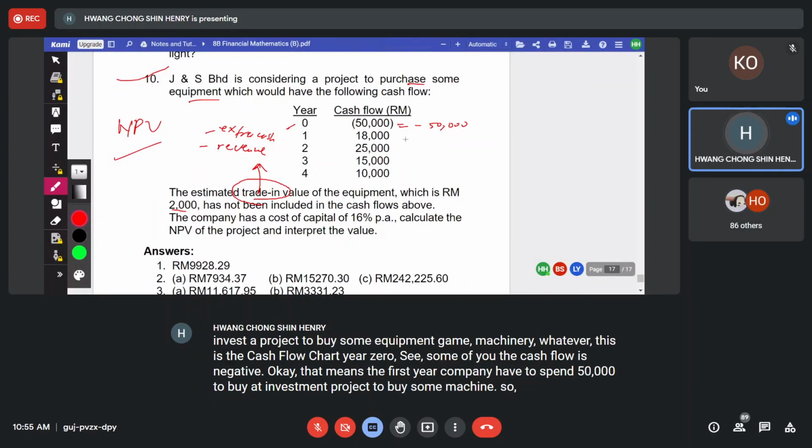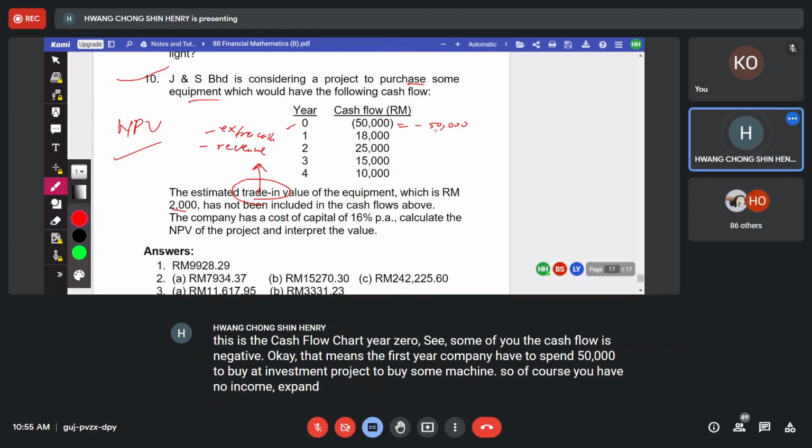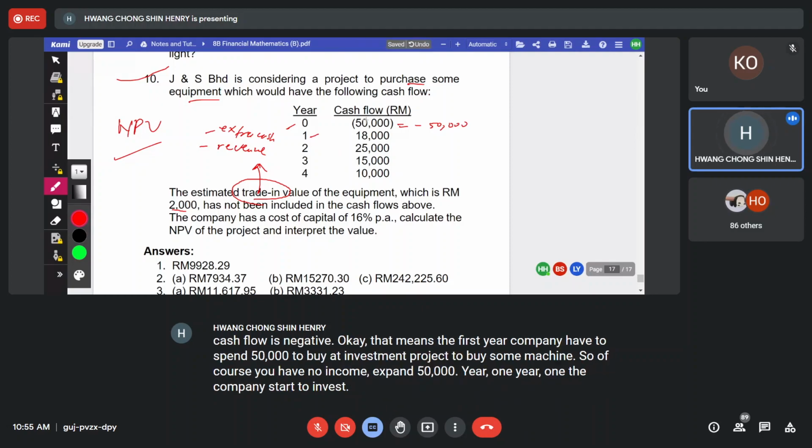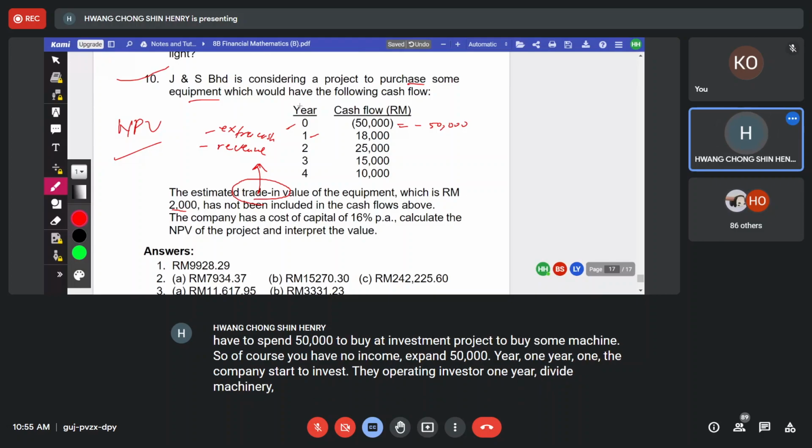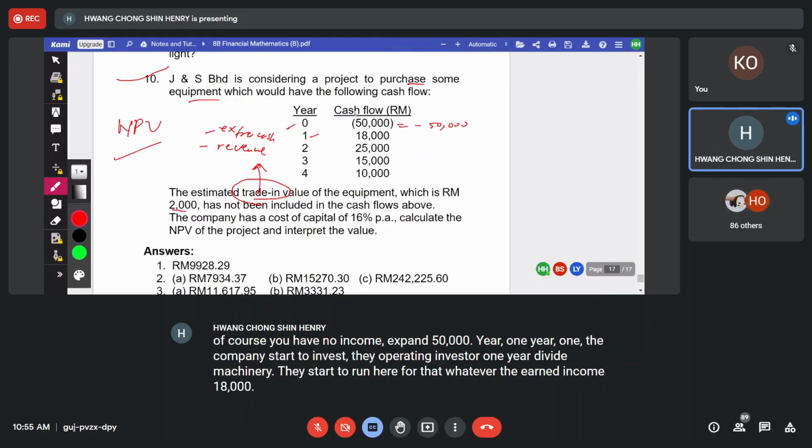So first year, no income, spend 50,000. Year 1, the company starts to earn. After they invest, they buy machinery, they start to run their product, they earn income of 18,000. That's the cash flow. Year 2, 25,000. Year 3, 15,000. And year 4, 10,000.